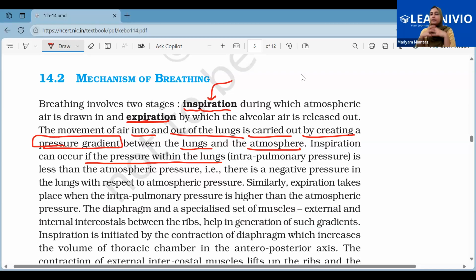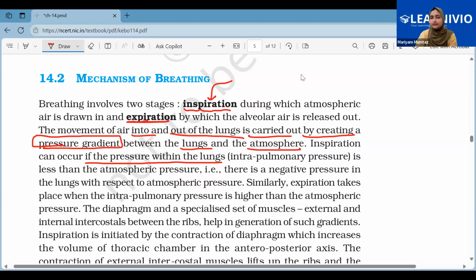Compared to the pressure inside the lungs, the pressure of gases in the atmosphere is more. We know that gases move from high concentration to low, so the gases in the atmosphere will be transported into the lungs. And this is breathing in. I have explained this in a very simple manner.